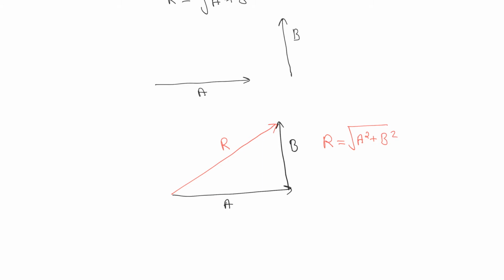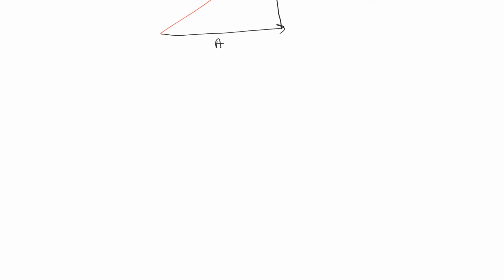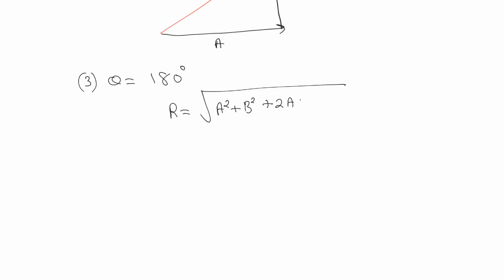I will consider the next situation, that is when theta is equal to 180 degree. If the angle is 180 degree, then using this equation, r is equal to under root of a square plus b square plus 2ab into cos of 180.